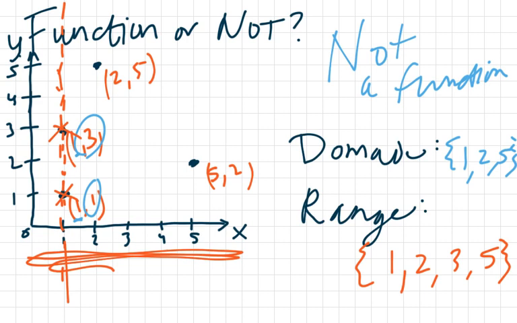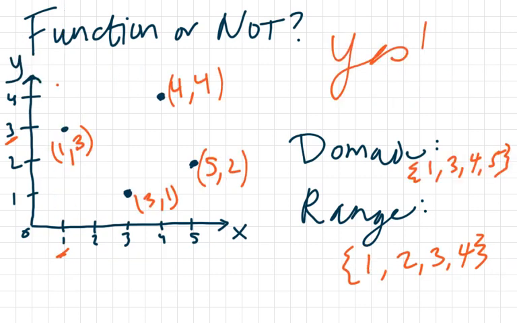If every point in the x values hits that line, if it's a vertical line going across exactly once, then we would have a function. So looking back at the previous example, let's look at our x values. At 1, we have 1 point that hits. Our next domain value is 3.